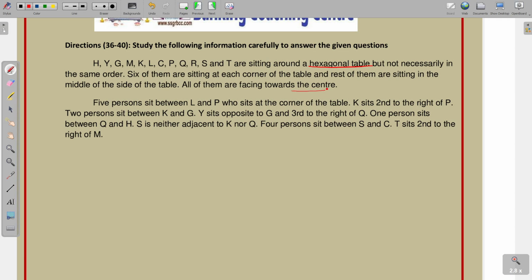So here we have one hexagonal table. So this is the first possibility. Let us try 2 possibilities, and if it is not needed, we will leave it.